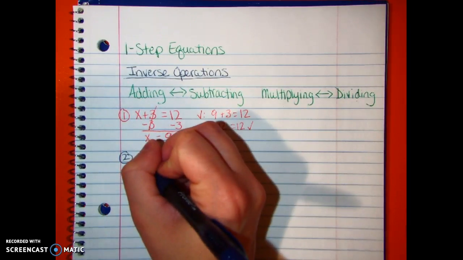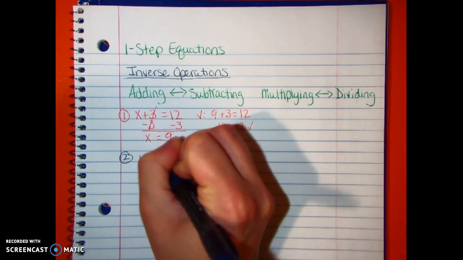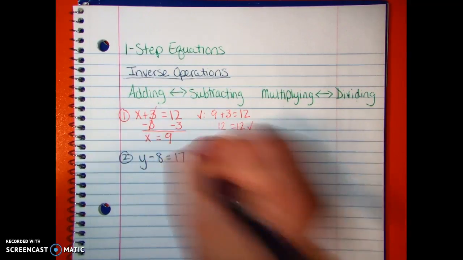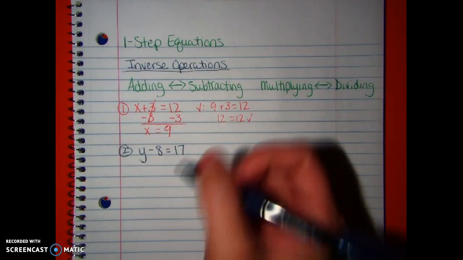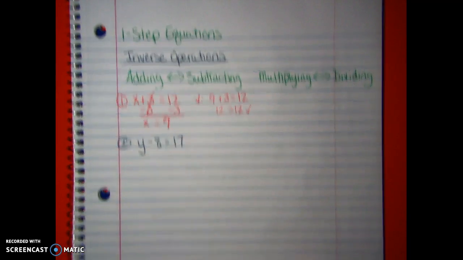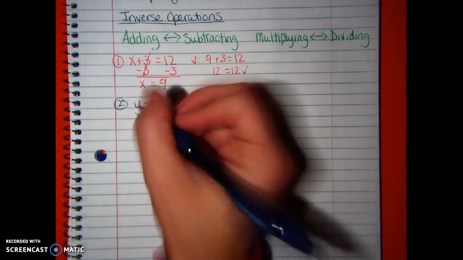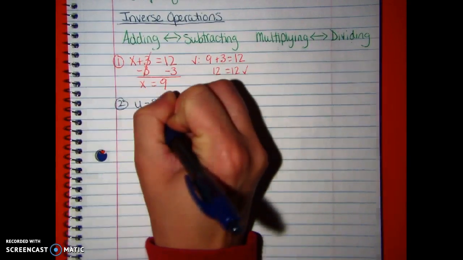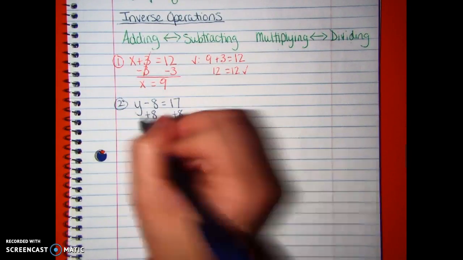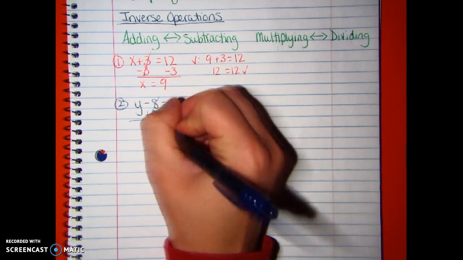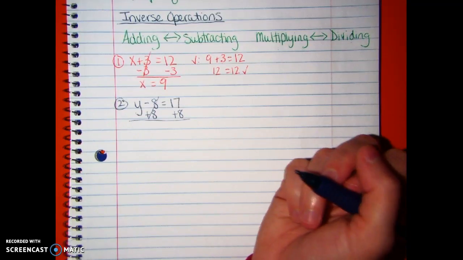Let's do y minus 8 equals 17. Okay, the inverse operation of subtracting 8 would be adding 8 to both sides. So I'm going to add 8 here and add 8 here. Negative 8 plus 8 is 0, so those cancel out.